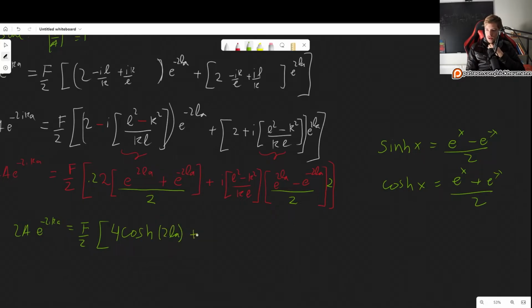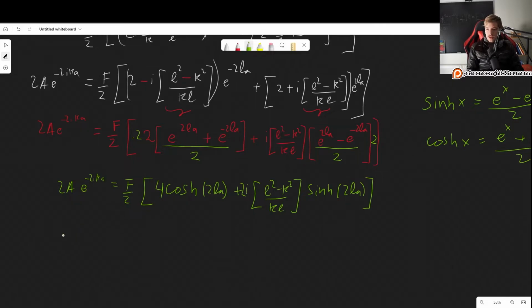And then we have plus i, this beast here, L squared minus K squared over KL, and then this thing is the hyperbolic sine of 2La. Times 2, I almost forgot, so 2i. All right.